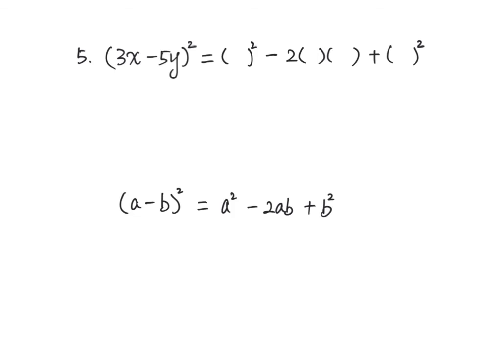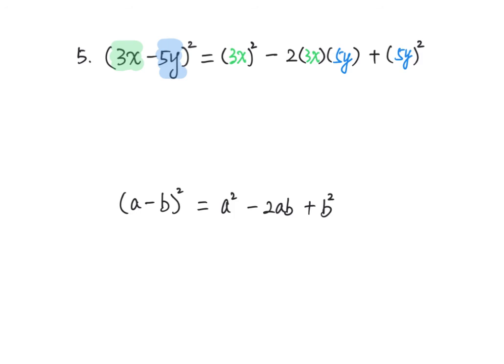In this question, a is 3x, b is 5y. So we just fill in: a squared, which is 3x squared, and minus 2ab, a is 3x, b is 5y, plus b squared, 5y squared.